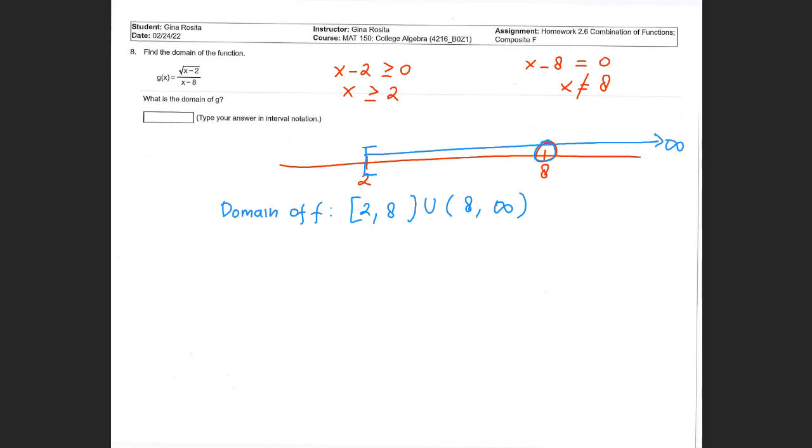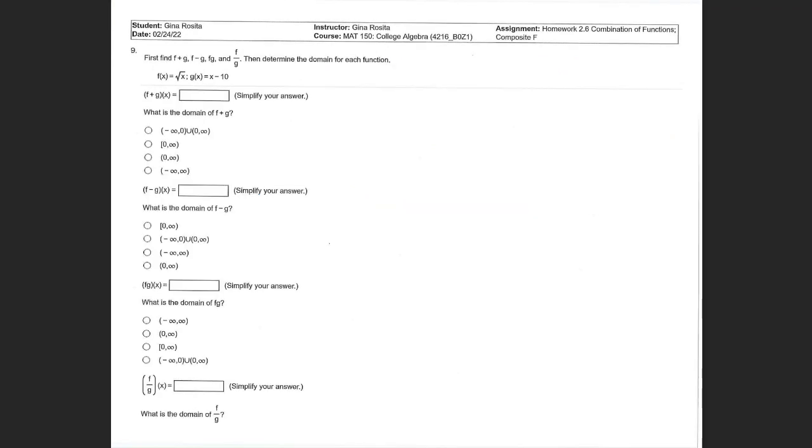Now go to number 9. First find f plus g, f minus g, f times g, and f over g.